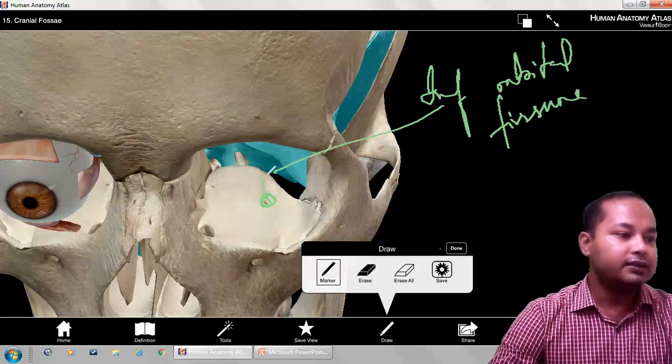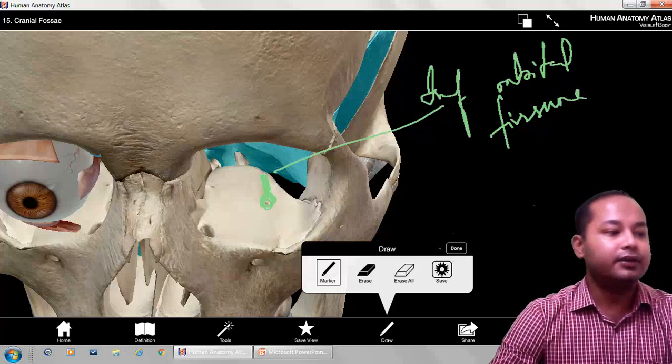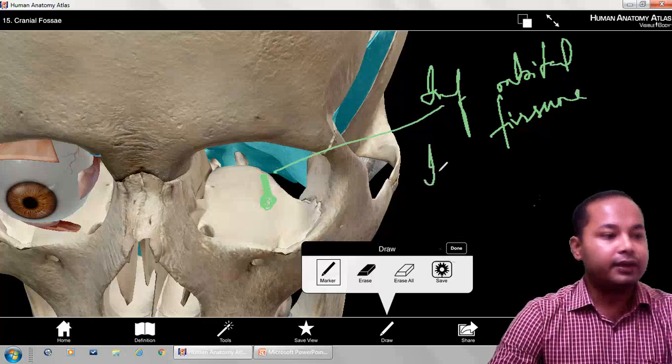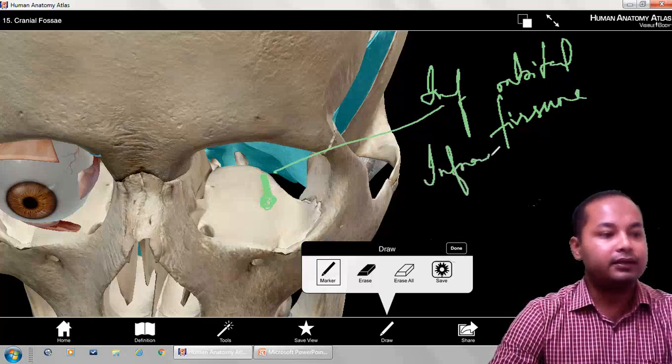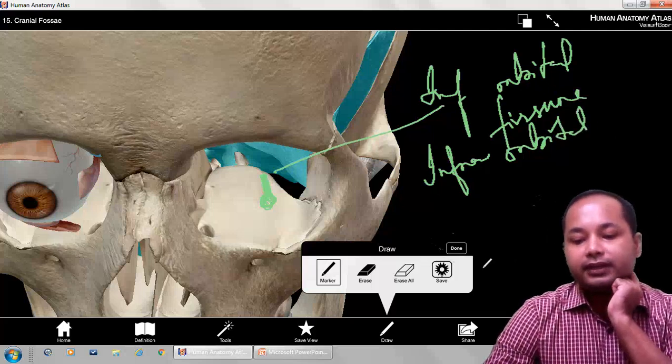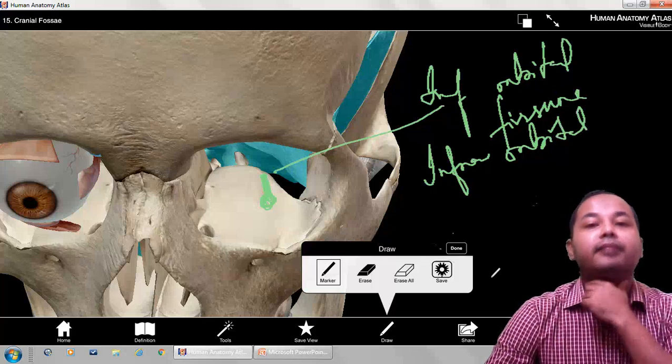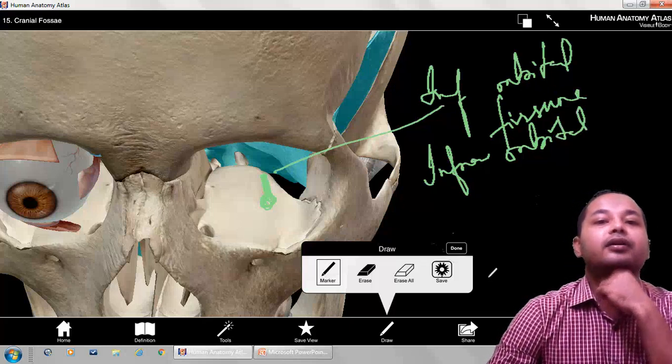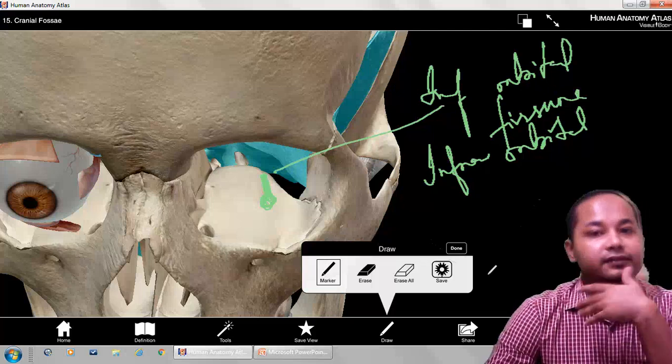There is a groove, do you see? And there is a foramen also. The infraorbital groove and infraorbital foramen make the passage for the infraorbital nerves and vessels.